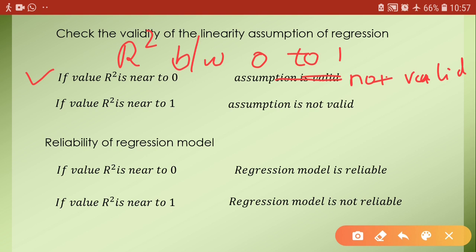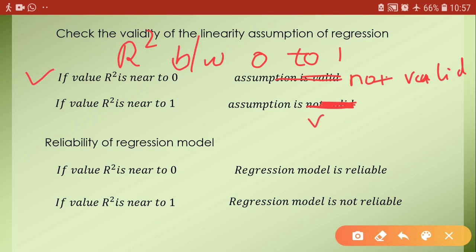Say for example you got 0.1, your assumption is not valid. If your answer of r square is, say for example, 0.8 or 0.9, then your assumption is valid.